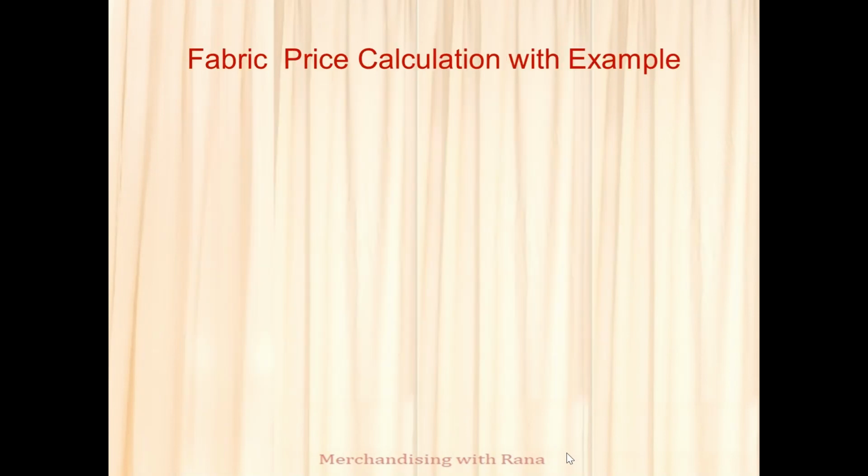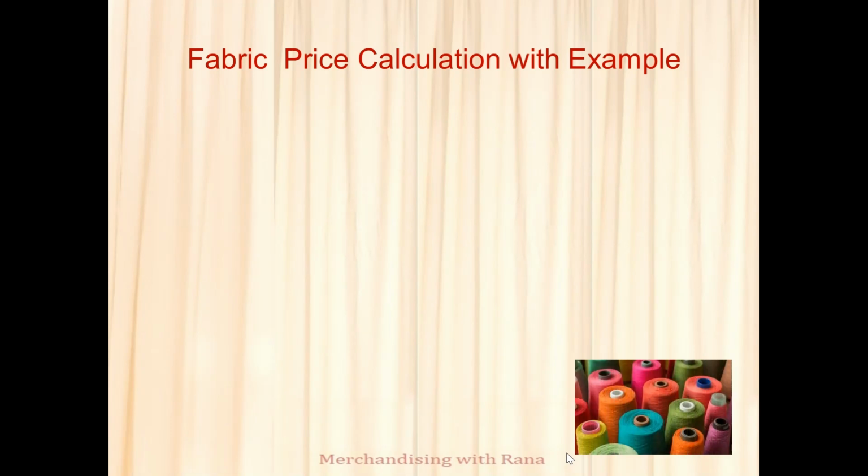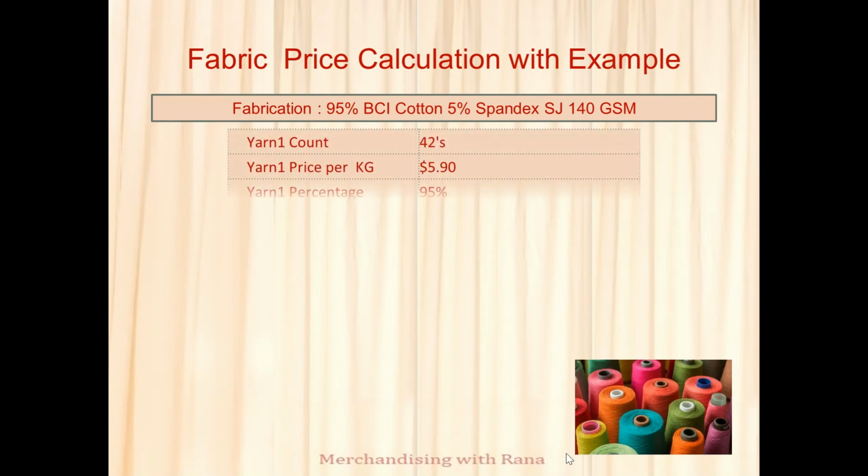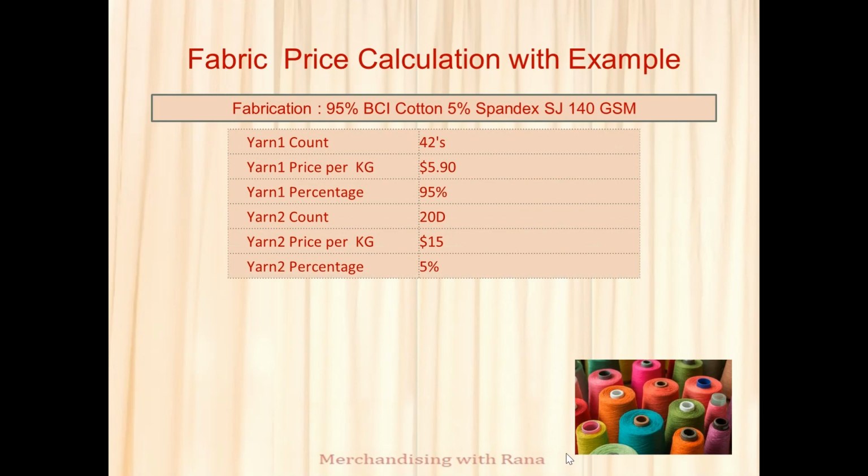Let me calculate the fabric price with an example. Say I have one fabrication: 95% BCI cotton, 5% spandex, single jersey, 140 GSM. See, here I have considered two contents, cotton and spandex. So how will I calculate this price? For yarn one, cotton, I have taken 42 single, yarn one price per kg $5.90, and yarn one percentage 95%.